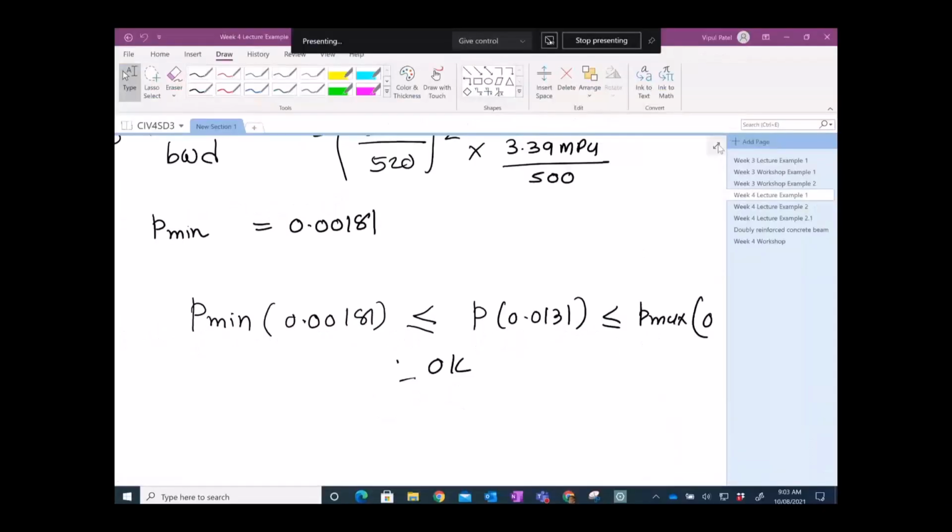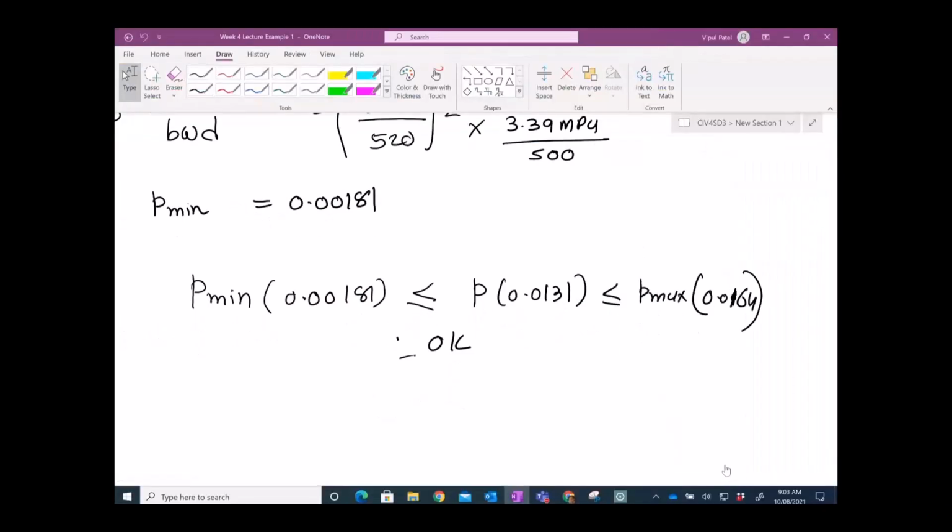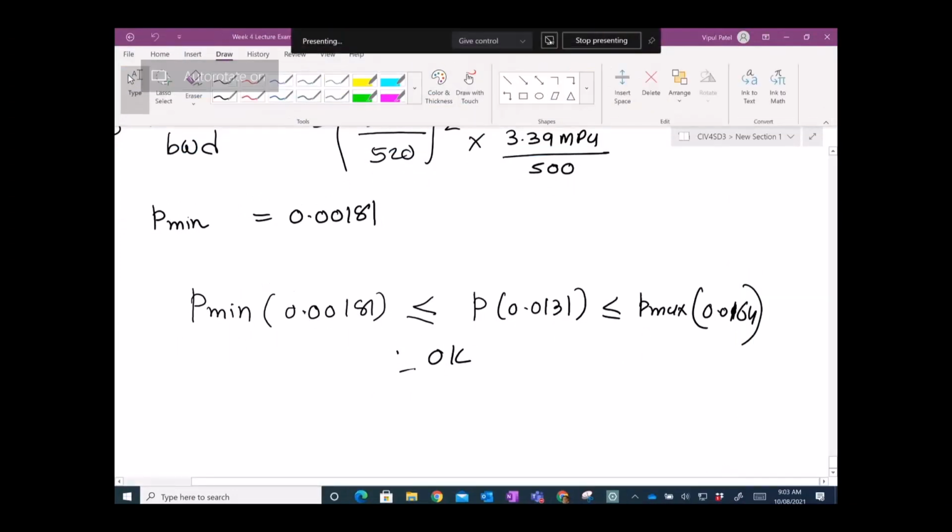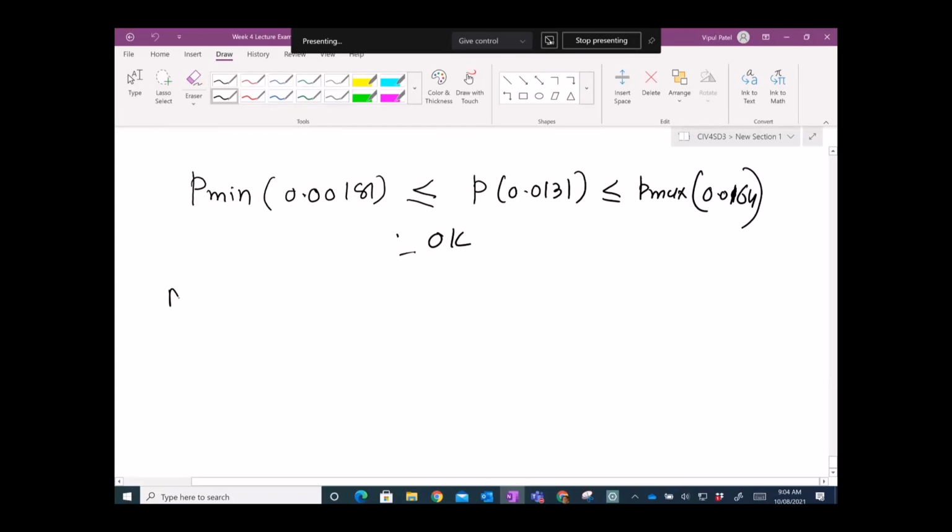All right, so yesterday we have done this example so far where we checked the minimum and maximum reinforcement. Now we are just left with the last one that we need to do, the moment capacity of your cross sections.